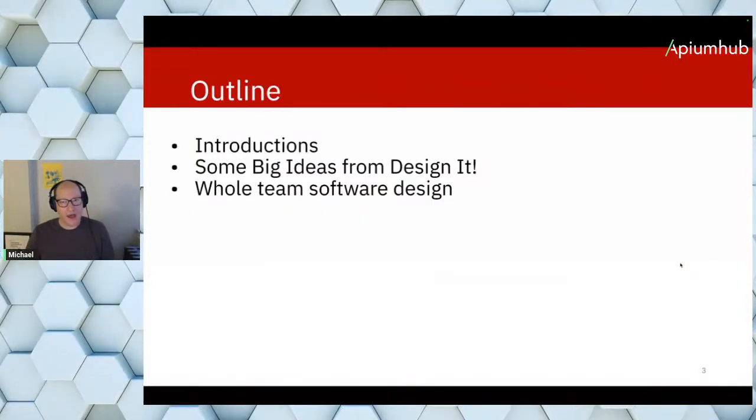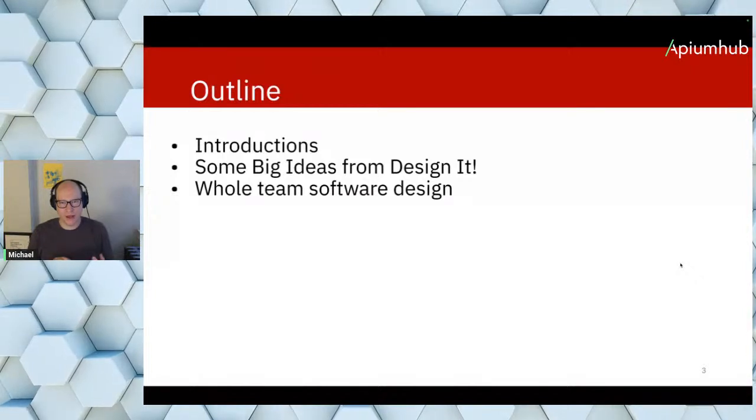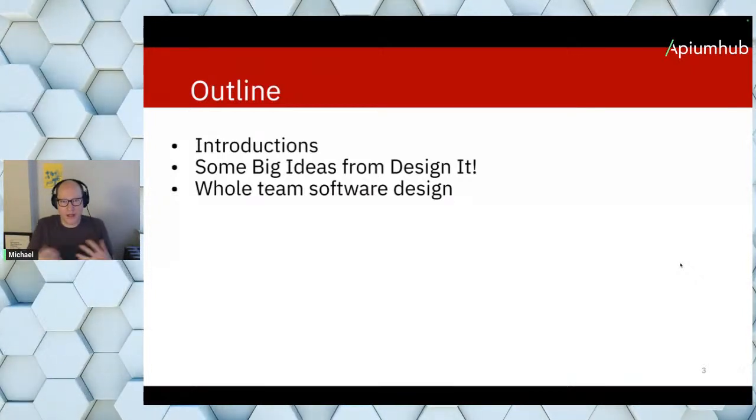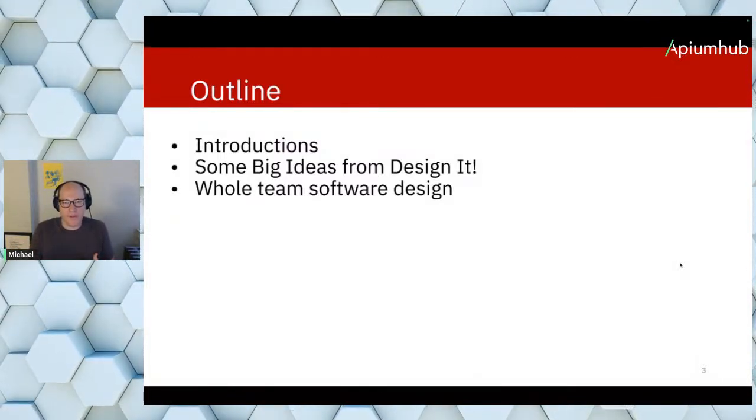So for today, we're going to go over a couple of quick things. Spend a couple of minutes sharing a bit about myself, just to give you some context of how the ideas in Design It came together. Talk about a couple of the big ideas from Design It.